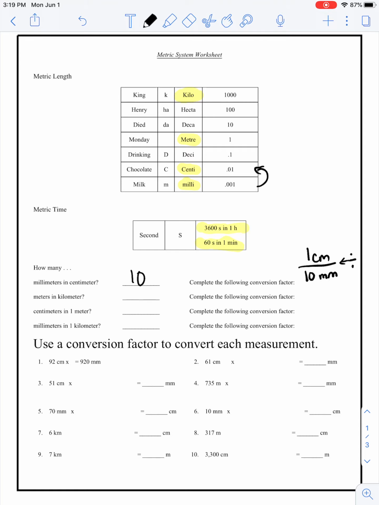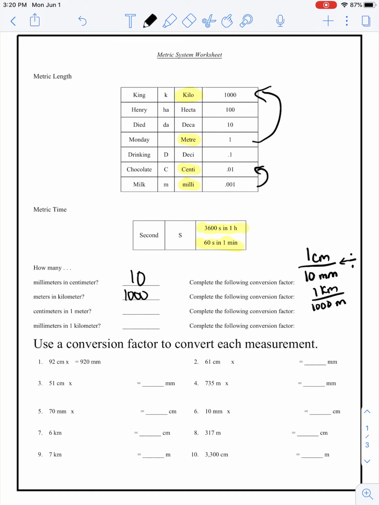Meters in a kilometer. So we're going from here to here. There are 1,000 meters in a kilometer. So 1 kilometer, 1,000 meters. Centimeters in a meter. So again, I visualize the meter stick and I think of a ruler with its 30-ish centimeters.